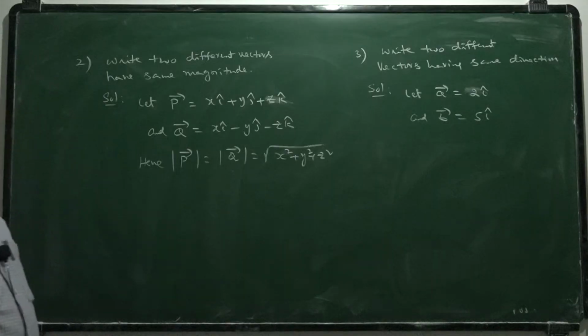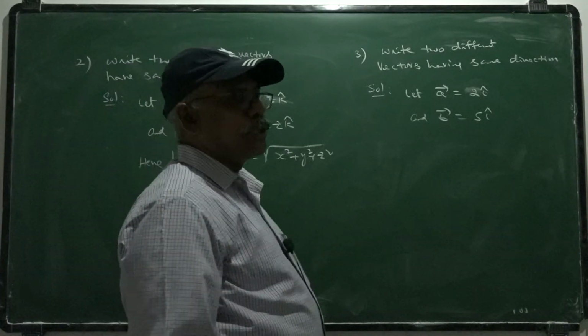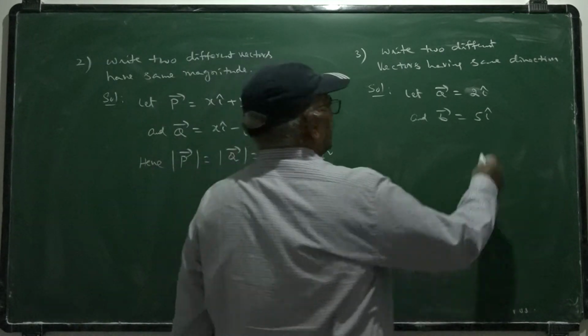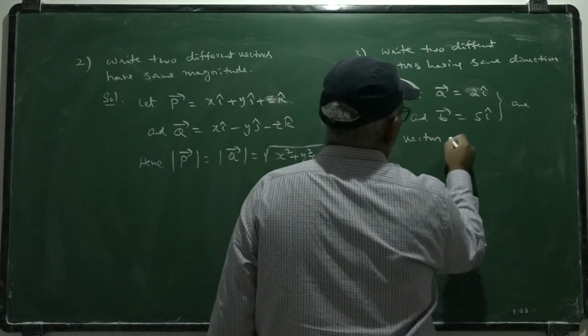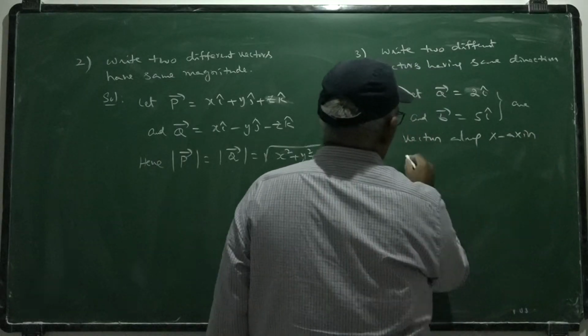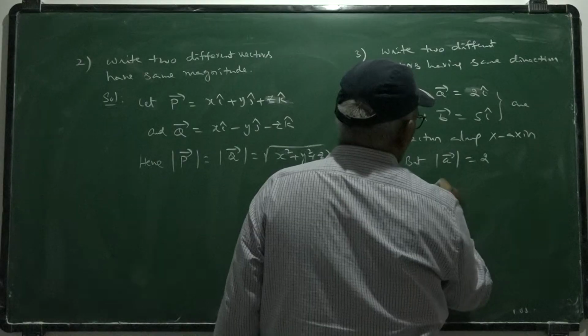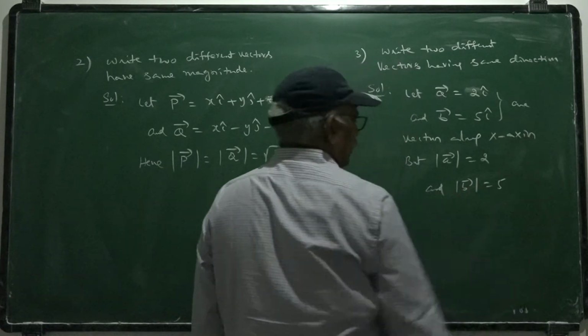Both are in the direction of the x-axis, positive x-axis. One is of magnitude 2 units and another of magnitude 5 units. So, our vectors are along the x-axis itself. But modulus of A bar is 2, whereas modulus of B bar is 5.